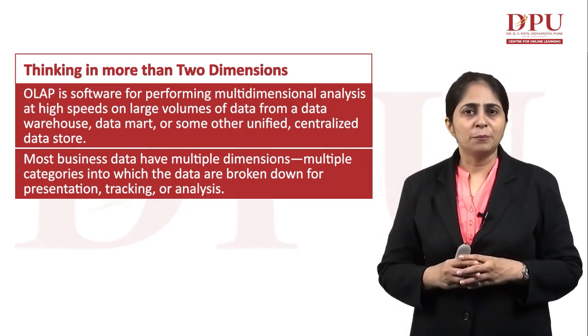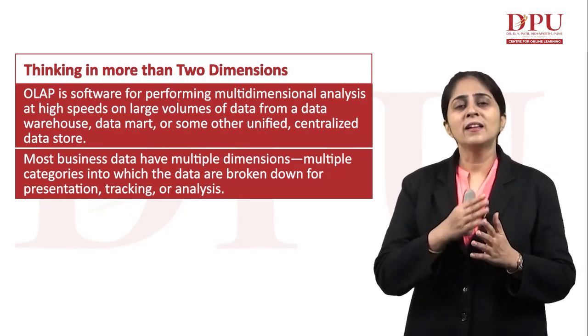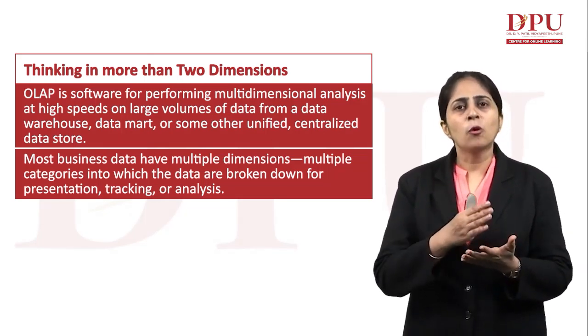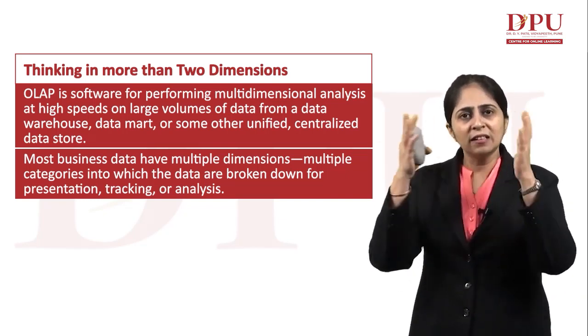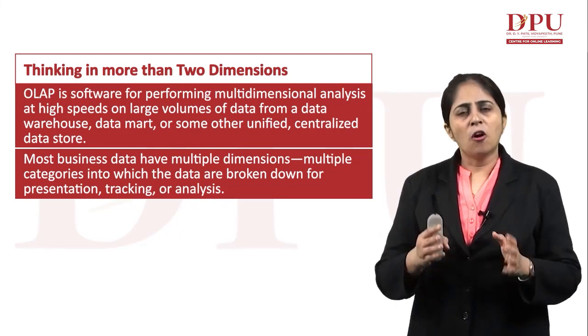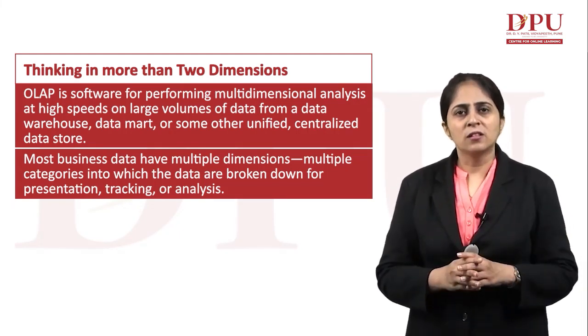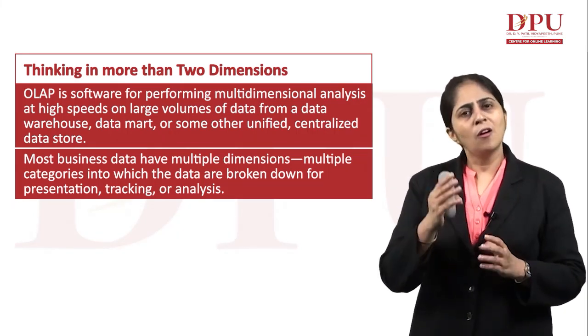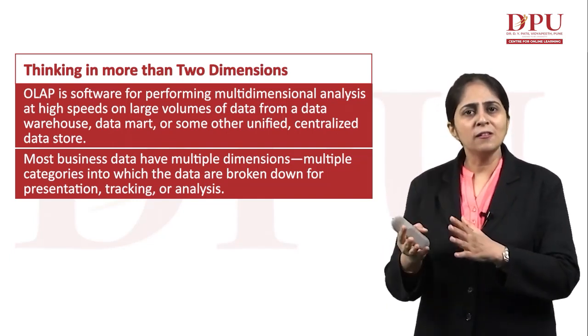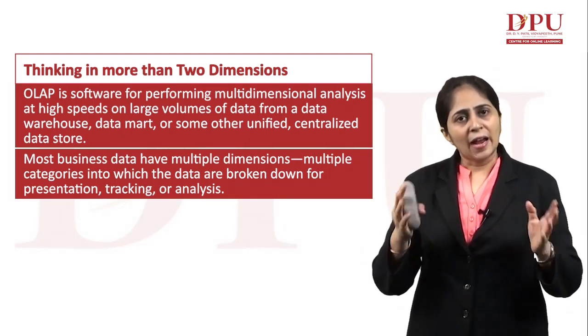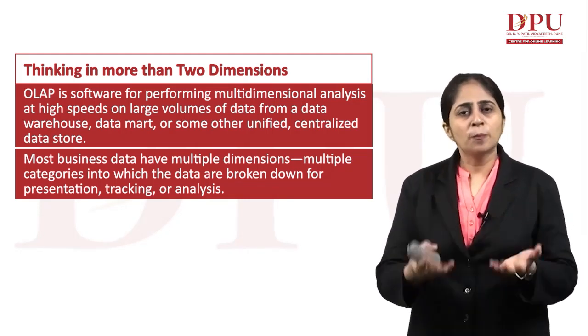Similarly, for time, if we want to analyze at what point of time the sales are higher, we can analyze the data for the whole year, or for a particular month, some particular week, or even a single day. So time has different ways of analysis. In a very similar way, consider the product.